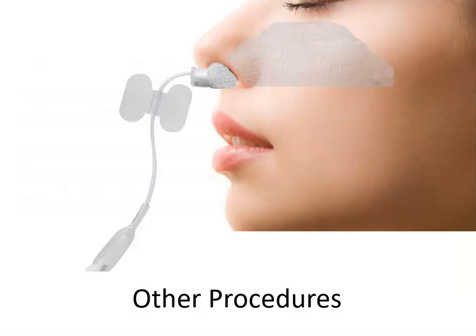All right, next up, we're going to go to page 192, and I want you to notice other procedures. Under other procedures, we want to take a look at control of nasal hemorrhage.